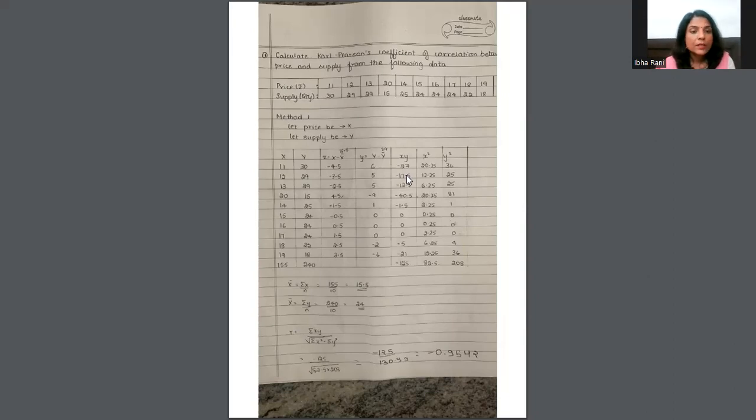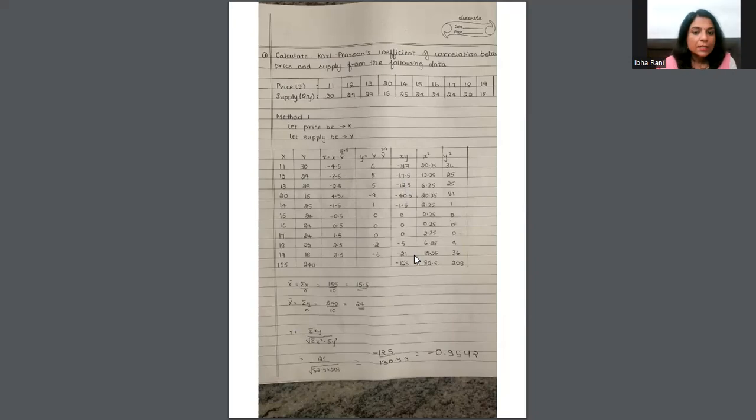We have to consider the negative value as well. So the same way we will multiply all the small x variables with small y variables, and we will get it in the third column, that is x into y. So here we got minus 27, minus 17.5, minus 12.5, minus 40.5, all we got.